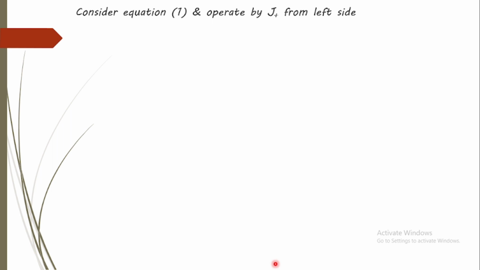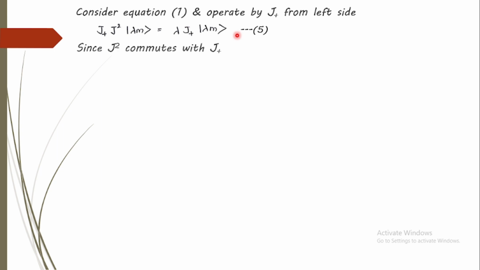When we operate from the left on equation number 1, which is the eigenvalue equation of j square, we get j plus into j square ket lambda m equals lambda j plus ket lambda m. Here you can write lambda first because it is a constant. Let us call it equation number 5, and we already know that j square, the square of angular momentum, commutes with j plus.